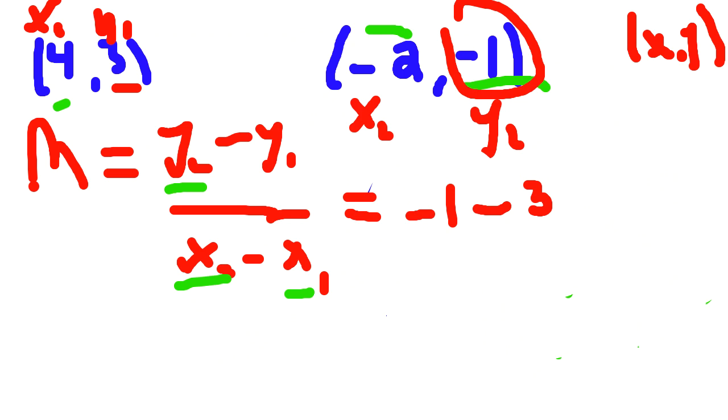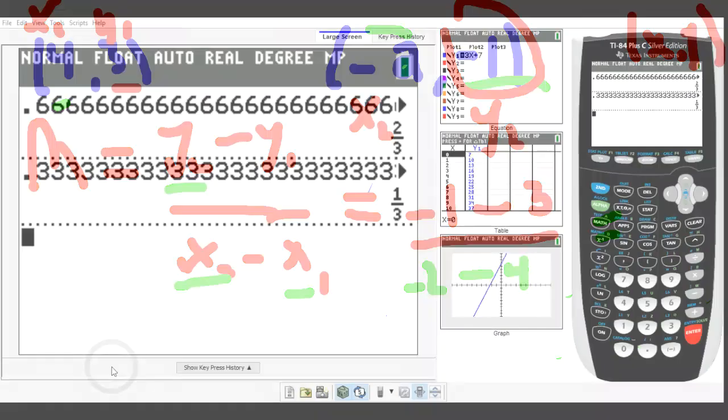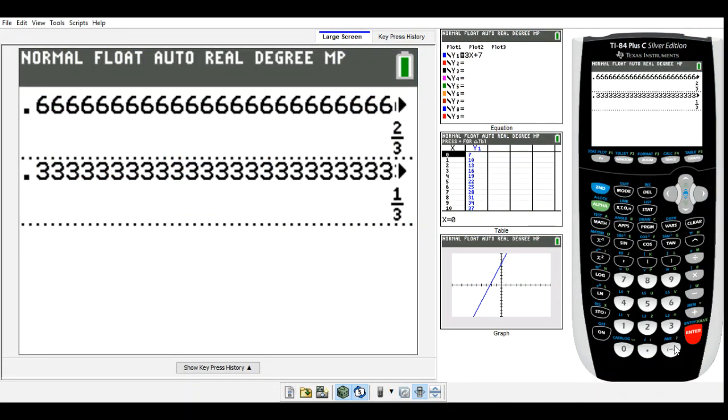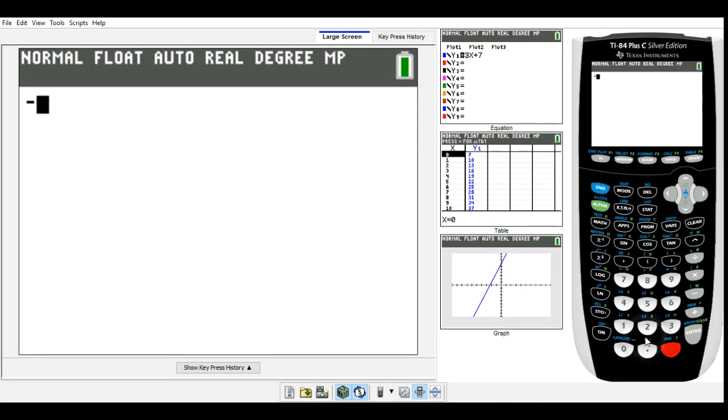So -1 minus 3, divided by x2 minus x1. x2 is -2, minus x1, which would be 4. When you type -1 minus 3 in the calculator, you get -4.